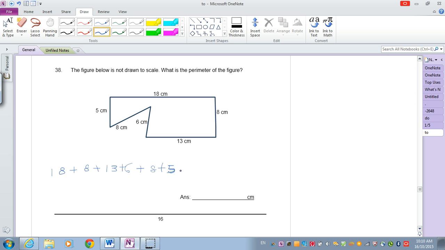Alright, so what do we have? Okay, I will actually pair the numbers. So 18 plus 8 gives me 26, and I will add 19 here. I will try to do number bond, and I will add another 13 from 8 plus 5.